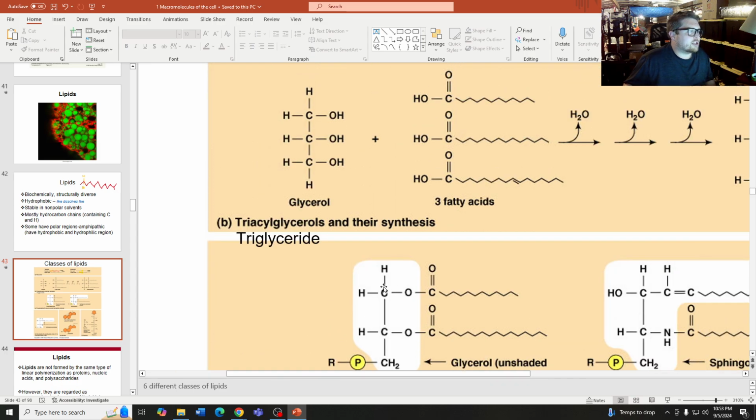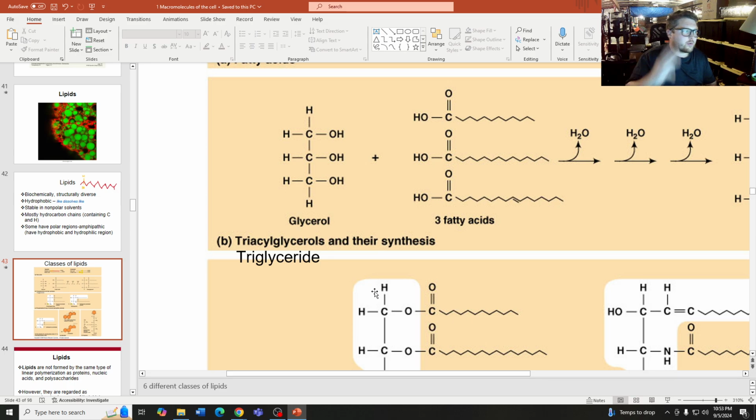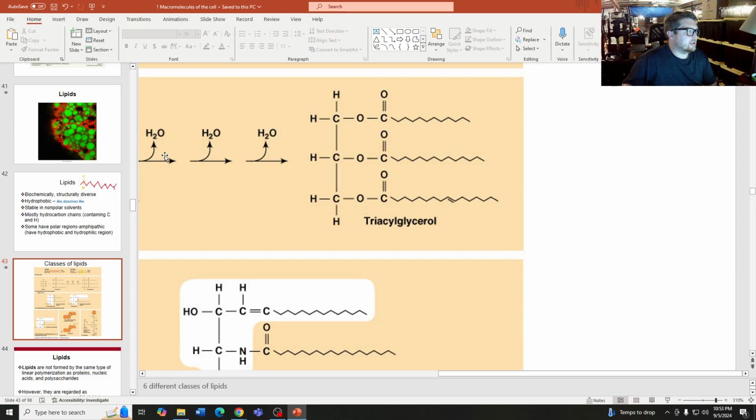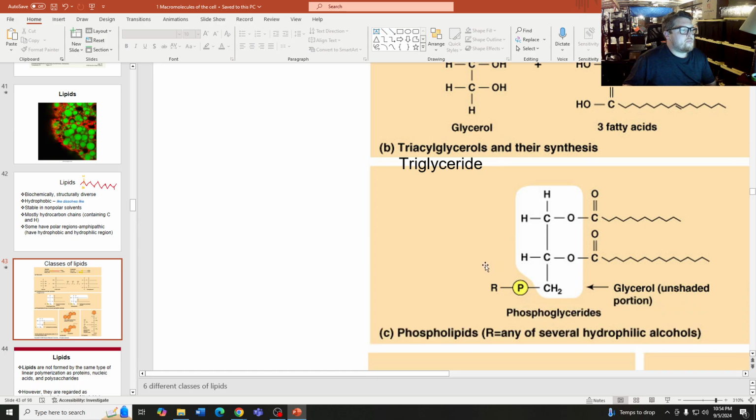And basically all a triglyceride is, tri meaning 3, glycer meaning glycerol. So we have a glycerol backbone, 3 fatty acid chains, and we have our dehydration reactions, and our glycerol attaches to those fatty acid chains to give us a triacylglycerol, aka a triglyceride.